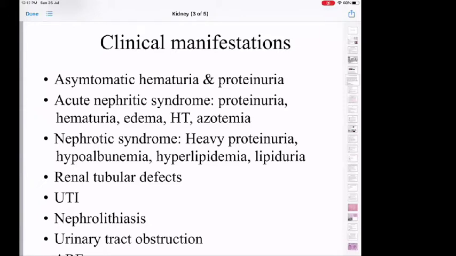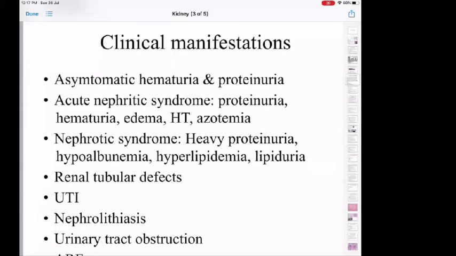Okay. The third is the nephrotic syndrome. Nephritic and nephrotic, these are two different things. In nephrotic syndrome, there is heavy proteinuria. You will see in nephritic syndrome there is also proteinuria, but I already said that the proteinuria is mild. But in nephrotic syndrome, proteinuria is massive or heavy.